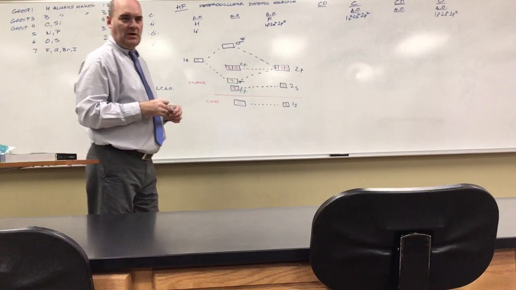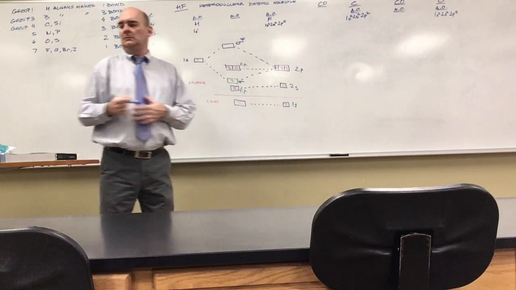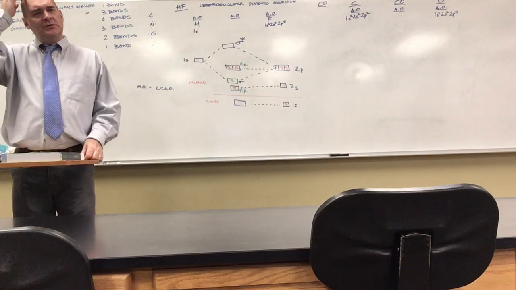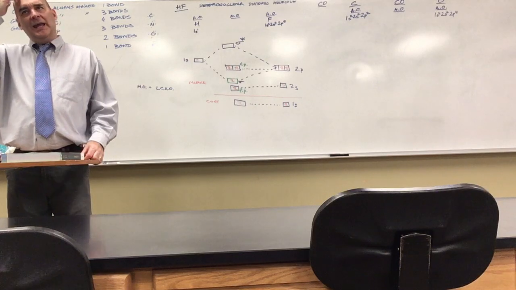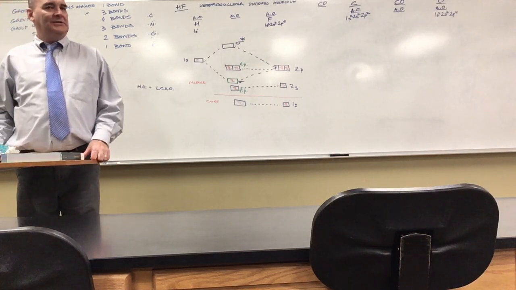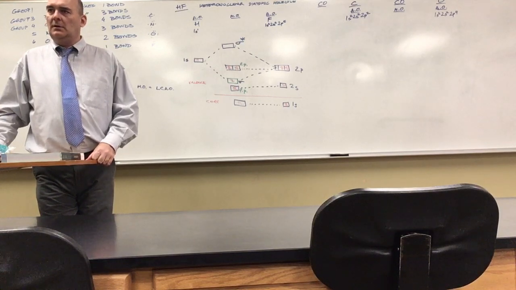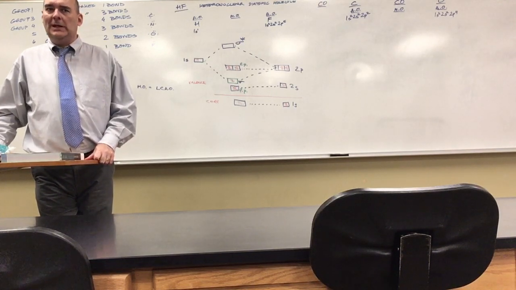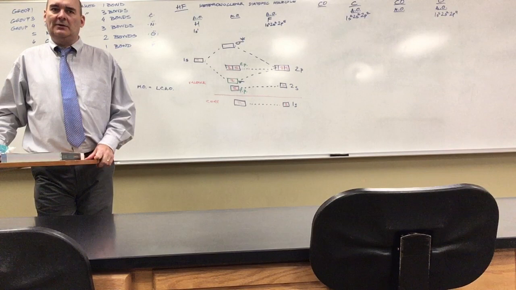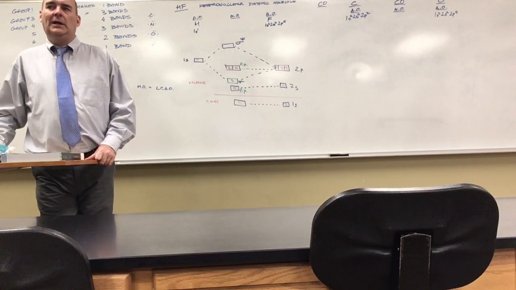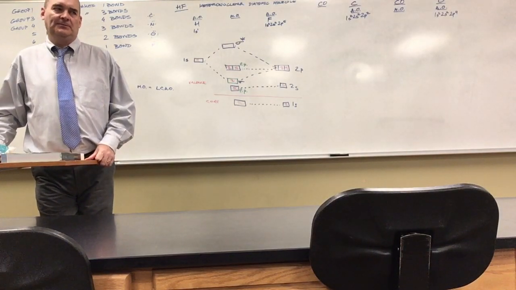Keep it to yourself, and we'll figure out if that fits the description of what we get when we do the molecular orbital diagram, because the molecular orbital model should uphold a rational Lewis structure.